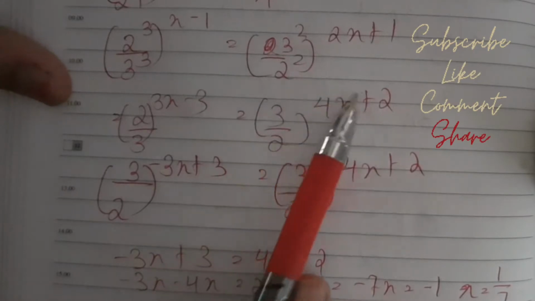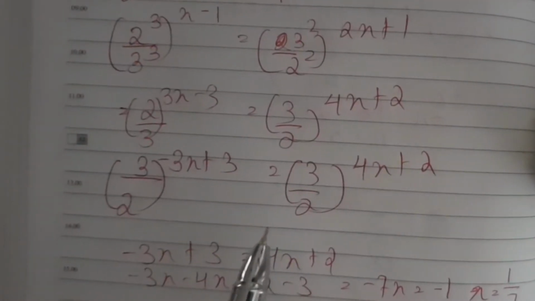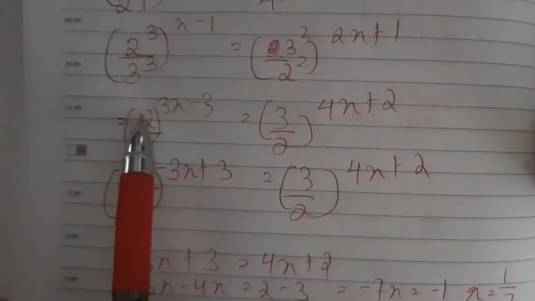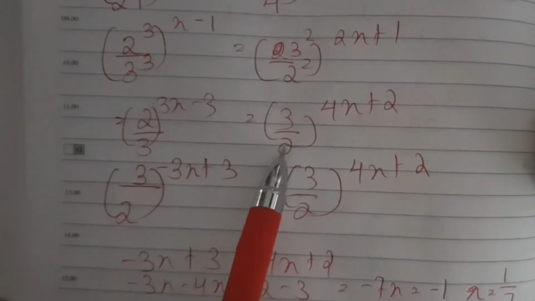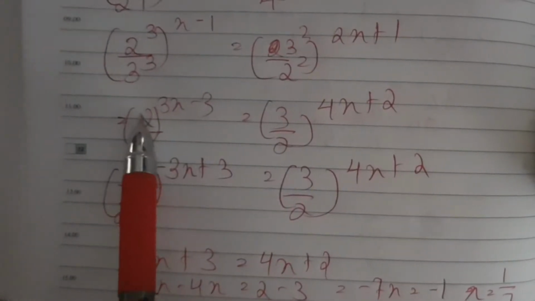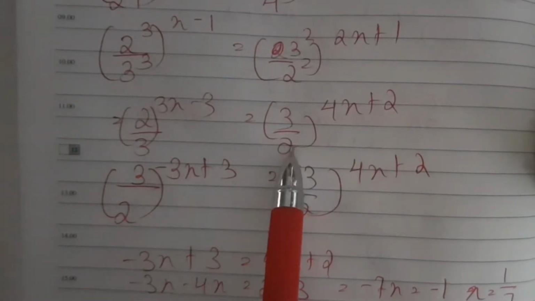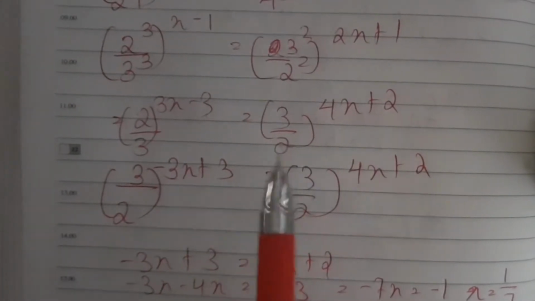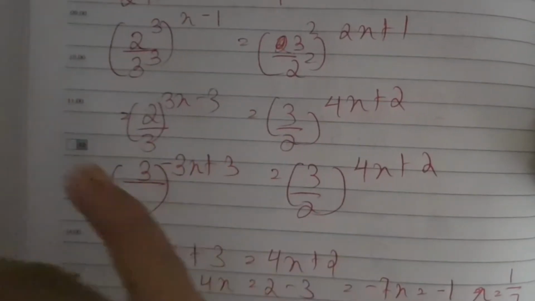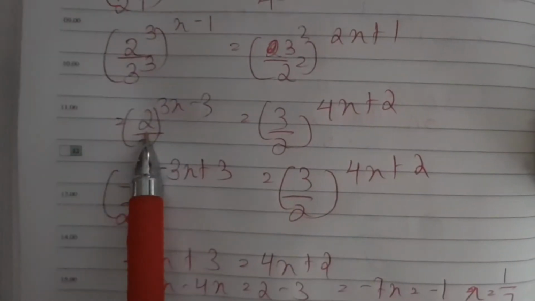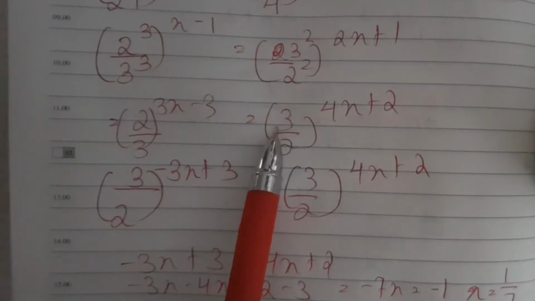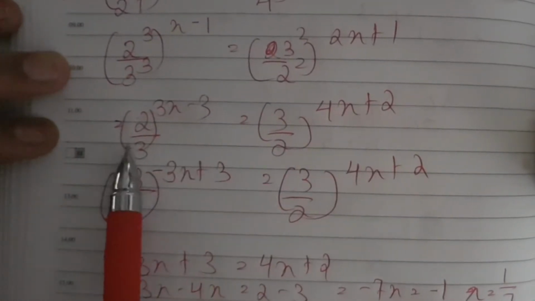What children often make mistakes on, listen, is that they assume it to be the same base, but it is not. It is 2/3 and 3/2, but when they are writing in a hurry, they mistakenly assume it to be the same base. So first you have to make it the same base.